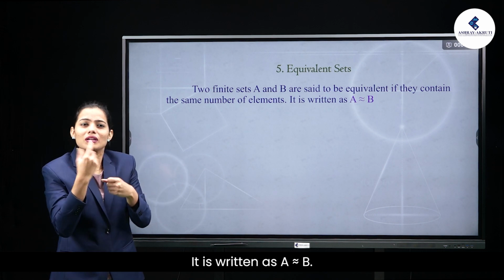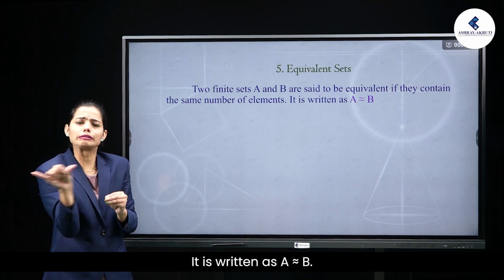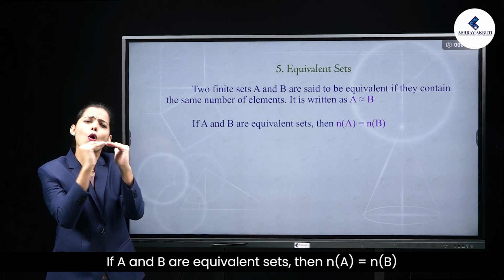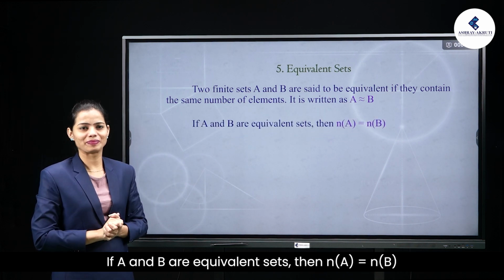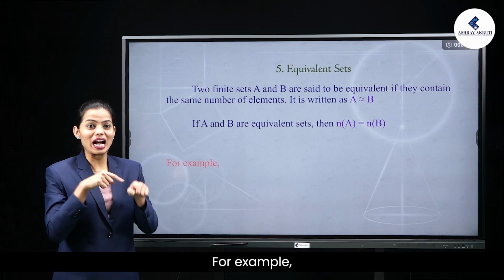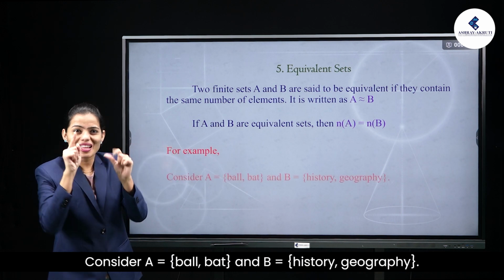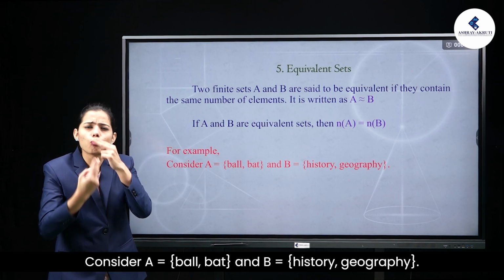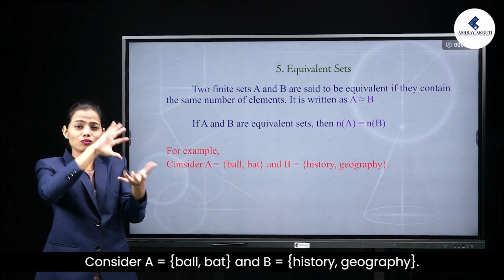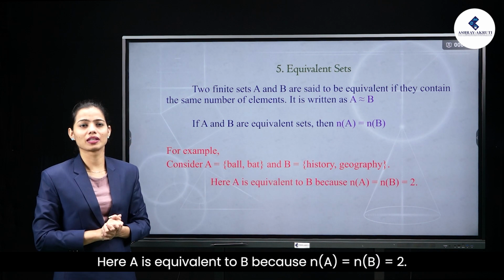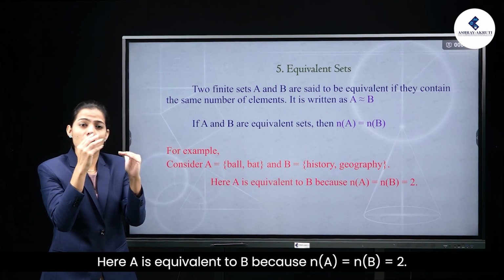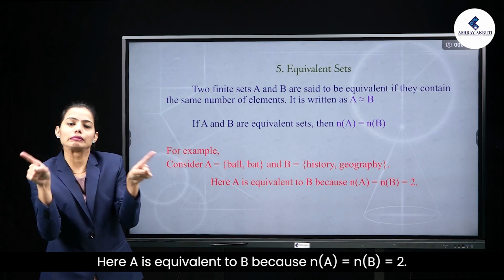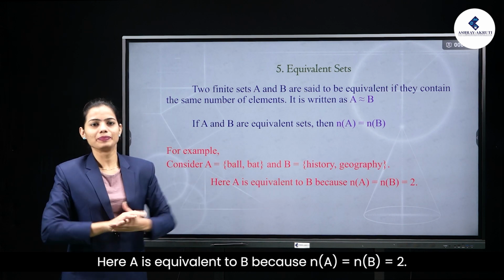It is written as A ~ B. If A and B are equivalent sets, then n(A) = n(B). For example, consider A = {ball, bat} and B = {history, geography}. Here, A is equivalent to B because n(A) = n(B) = 2.